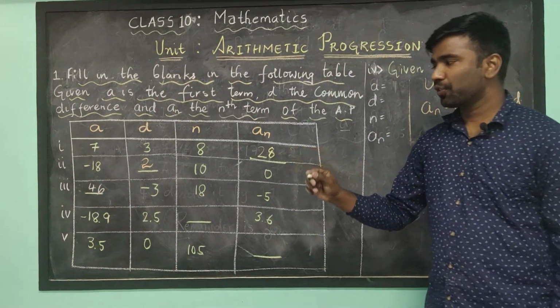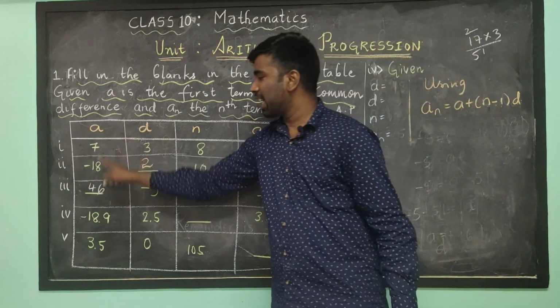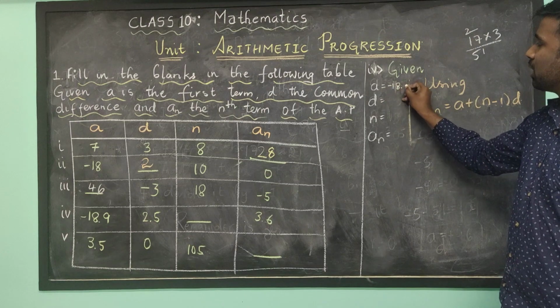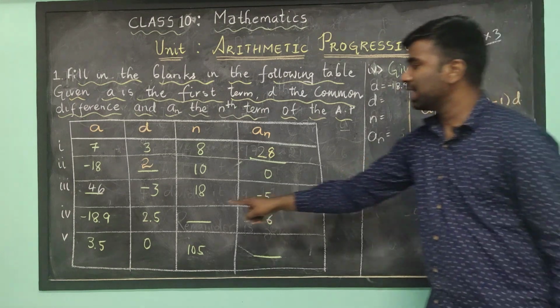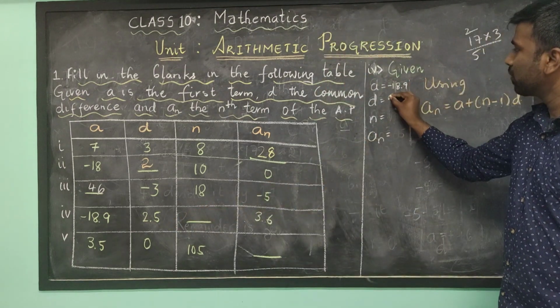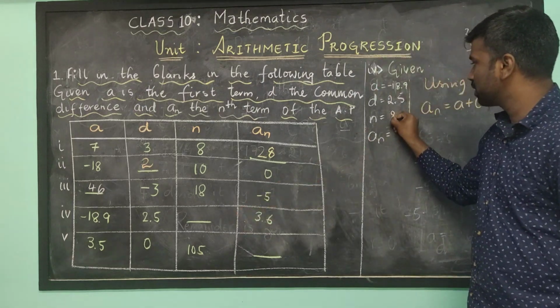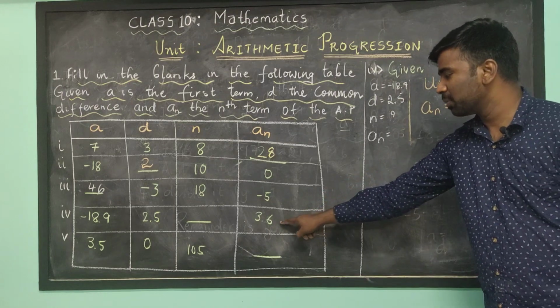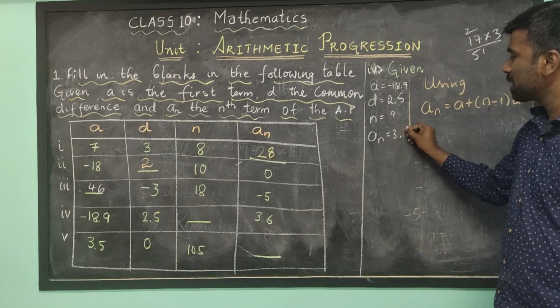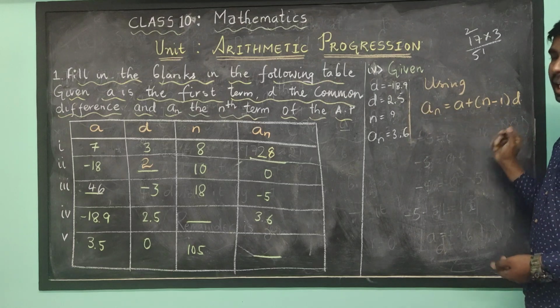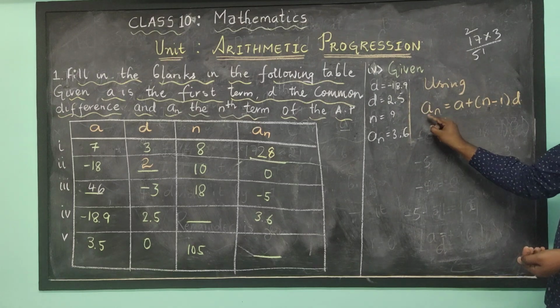Students, moving to the fourth question, given a as minus 18.9, then d as 2.5, then n we should find out. The nth term is 3.6. Now substitute these values in this nth term formula. What is an?